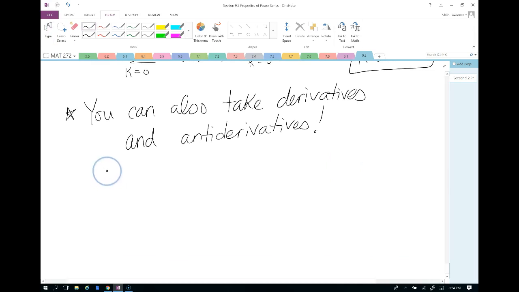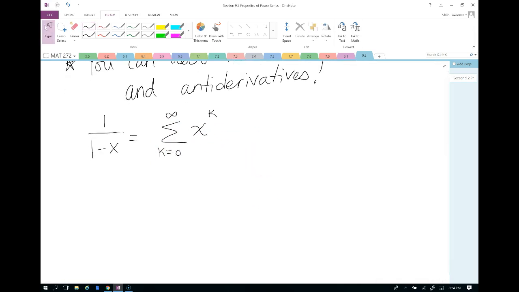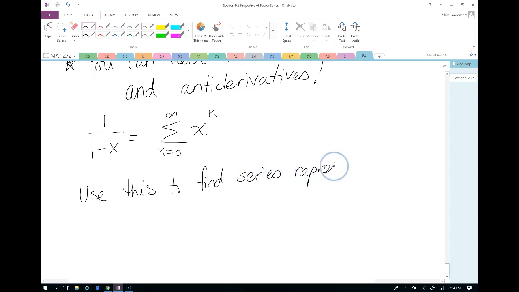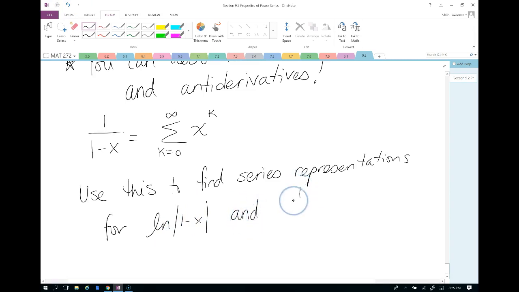So one more here we can do. If we think of 1 over 1 minus x as the sum from k equals 0 to infinity of x to the k, we can use this to find series representations for natural log of 1 minus x and 1 over 1 minus x squared.